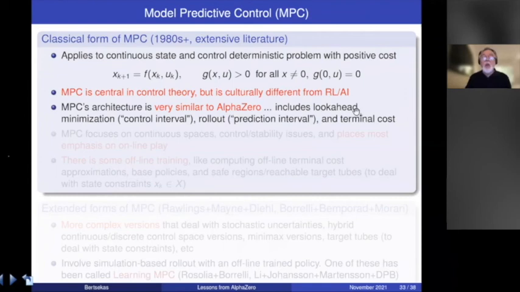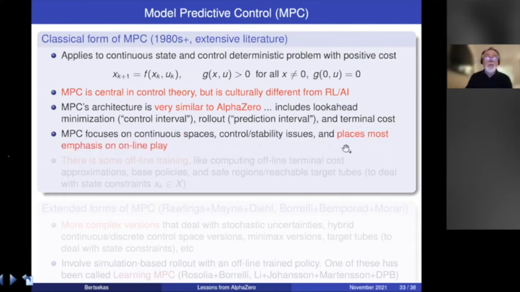It includes lookahead minimization, which is often called the control interval. In some versions of MPC, there's a so-called prediction interval to improve the terminal cost approximation, which amounts to rollout with some stable policy. And there is also a terminal cost function that's being used. So all the elements are there.